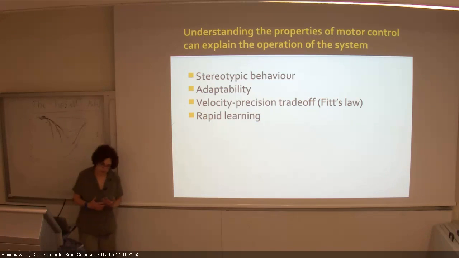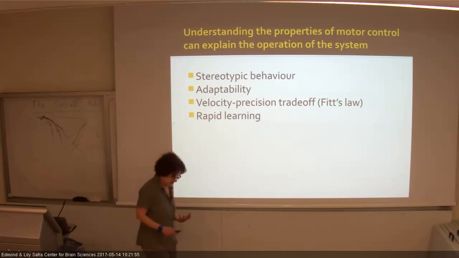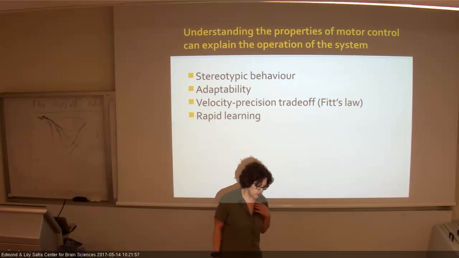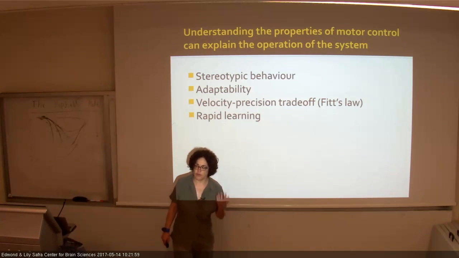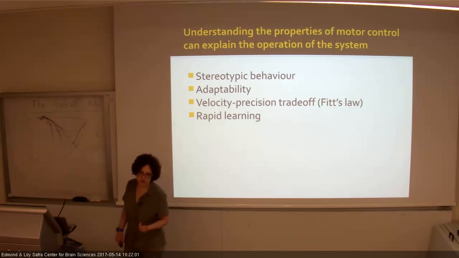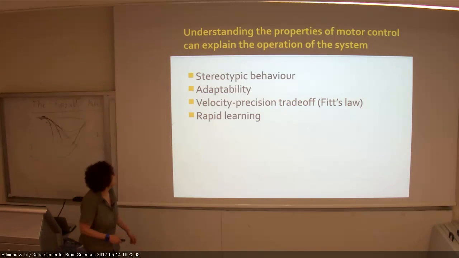Now, the question that we ask again is, what is the implementation of all these computational processes in the motor system? We think that understanding the properties of motor control, of motor actions, can actually tell us about the way the system operates.